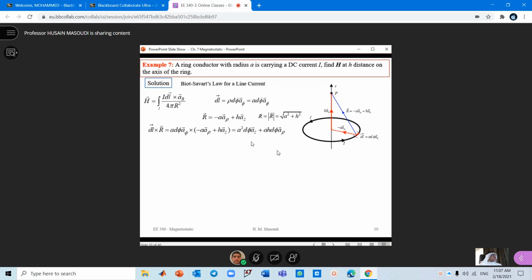Yes. And then the integral, we are integrating over phi, so from 0 to 2 pi, so that we complete the whole ring. Okay? So this is how we set up the integral. You agree with this, Omar? Yes. Okay, how about the rest of the class? Do you agree with this?